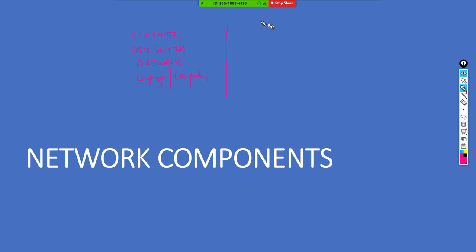Along with this we also deal with servers, storage devices, and wireless devices. So basically we see all these components within enterprises or an office, right? So these are all relevant.